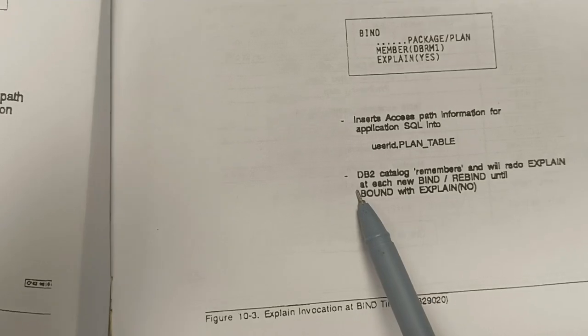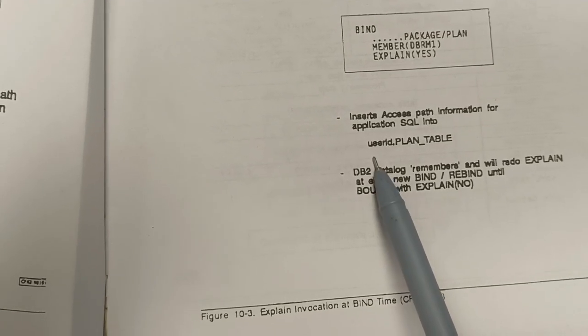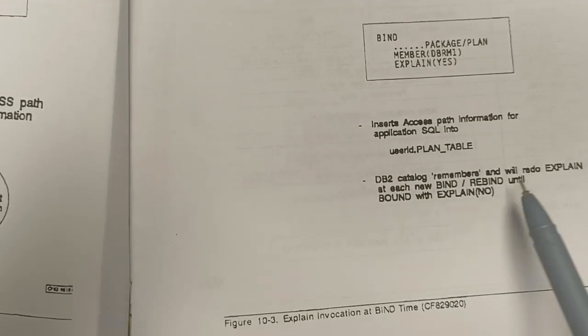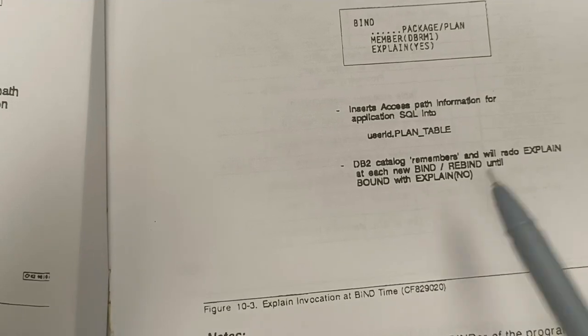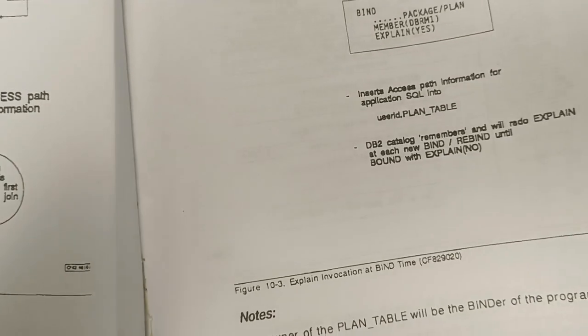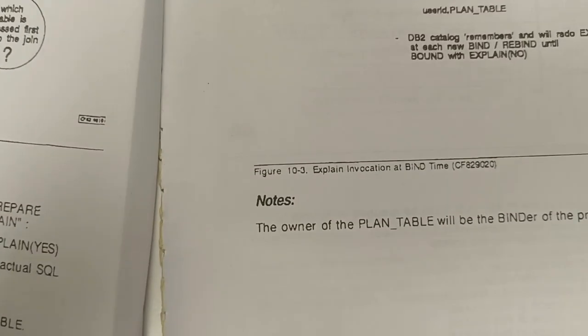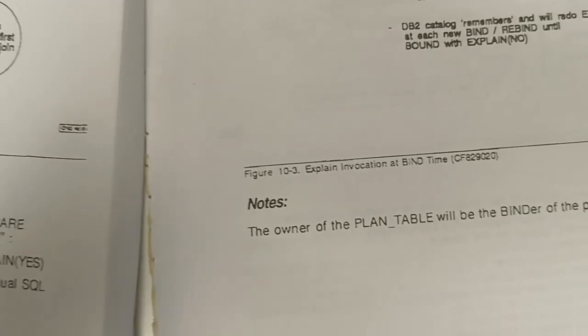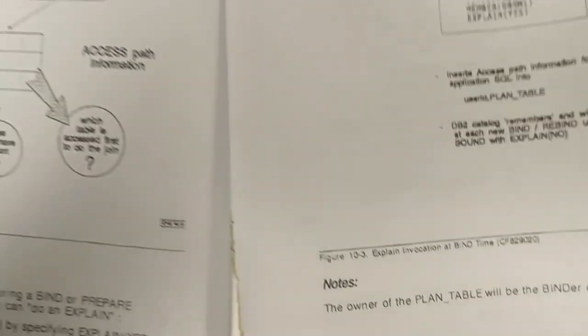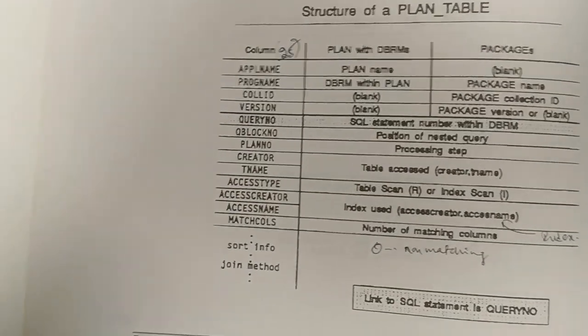You can run a query using userid.PLAN_TABLE to access the plan table. The owner of the plan table will be the binder of the program, nothing but your RACF ID. Whoever is doing the bind is the owner of the plan table.